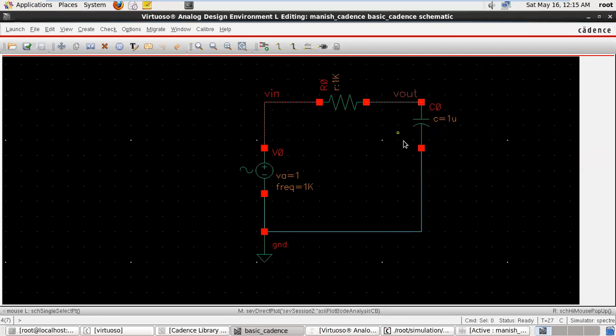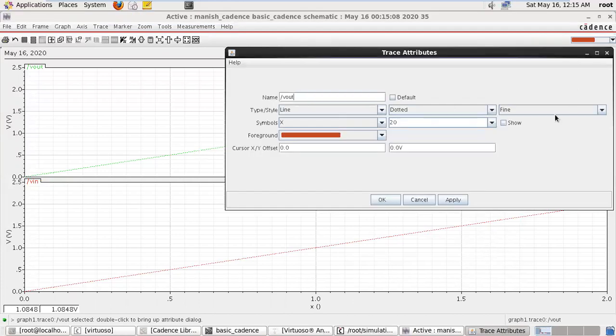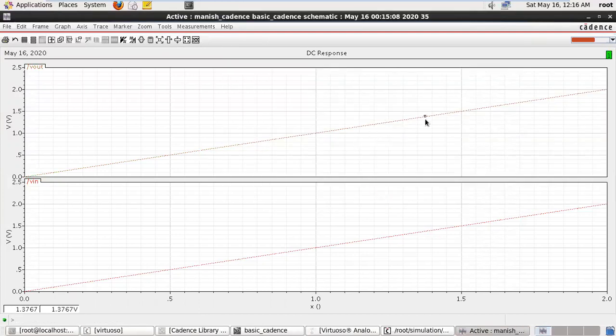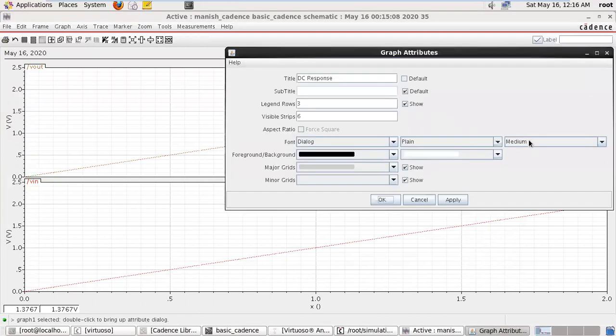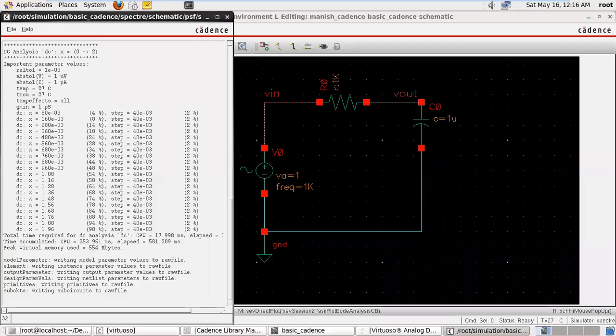Current is approximately 0, so V out is following the V input. So in this case, the output voltage follows the input voltage. Okay, so that is the DC analysis.